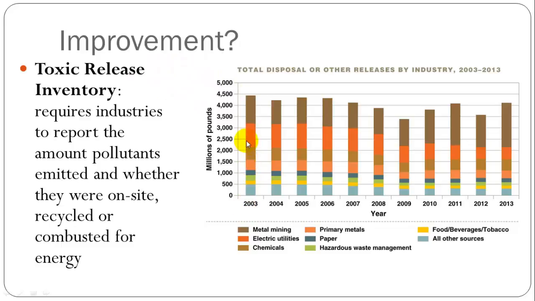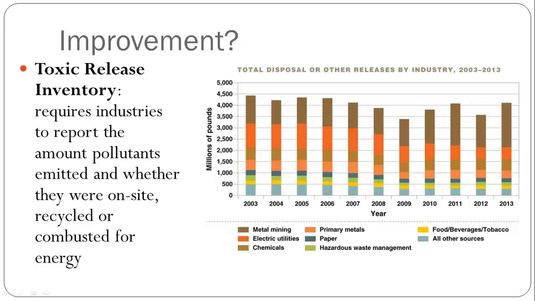But we haven't shown too much improvement in the last 10, 15 years or so. And this graphic kind of shows that. We do at least keep track, though. So industries have to release information on what they have been emitting, how they've been controlling for it, whether things were recycled or combusted for energy.